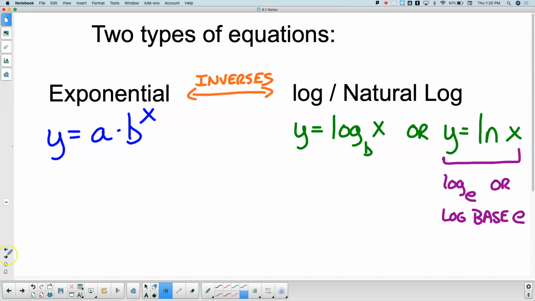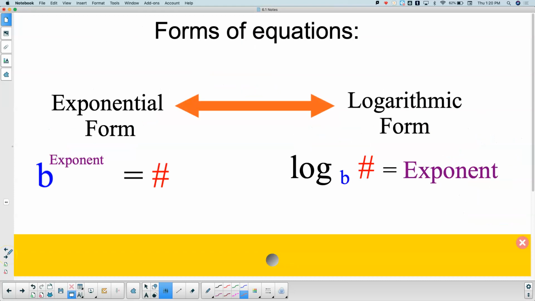Now this slide is extremely important. I'd 4-star it in your notes, because we are going to go about solving all of these problems by switching forms. If we're in exponential form, we switch it into logarithmic form, and we can solve it.